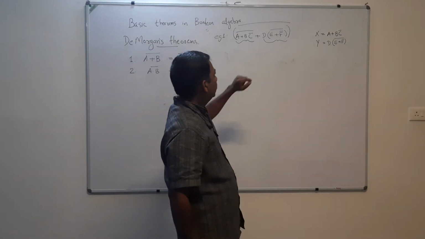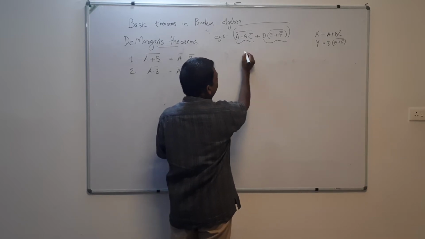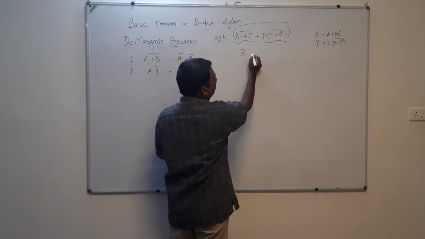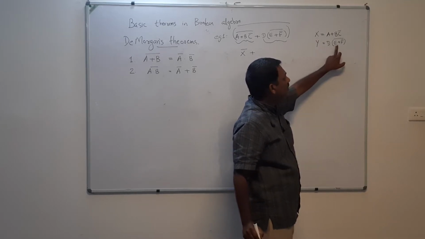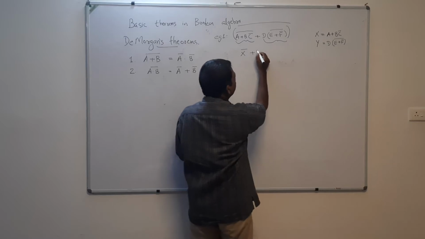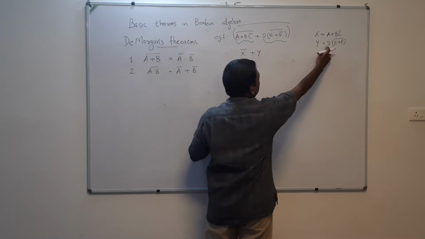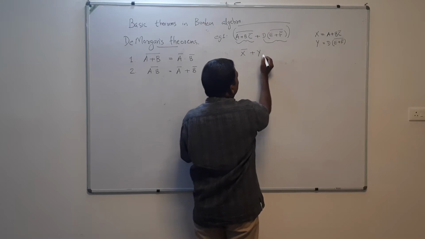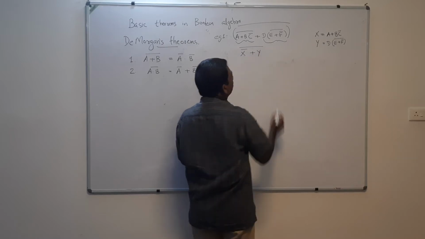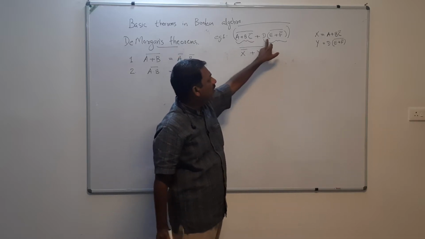Now we replace A plus BC bar with X, so this is X bar plus Y the whole bar, where X stands for A plus BC bar and Y stands for D into E plus F bar the whole bar.